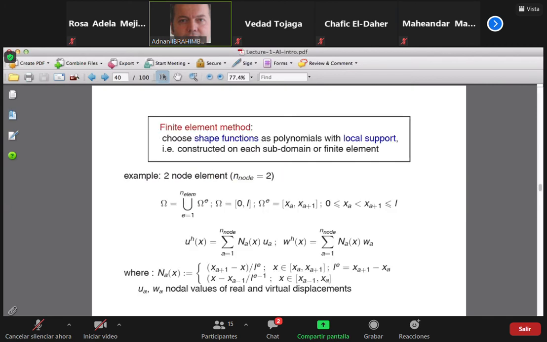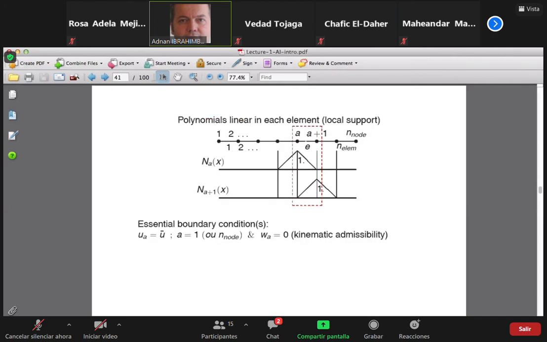Here's the illustration. Imagine I have here the whole domain split into a number of these two-node elements. And for every one of those elements, I construct a piecewise linear shape function N(x). Now, you can have a global point of view, like the point of view of Galerkin and Ritz, where these functions are constructed over the whole domain.